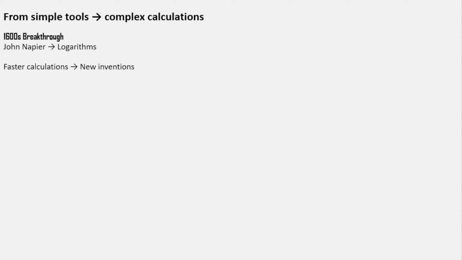So in the 1600s, a mathematician named John Napier introduced logarithms, a simple but powerful method that made complex calculations much easier, right? This idea was a big step forward because it allowed scientists and engineers to solve problems much faster.